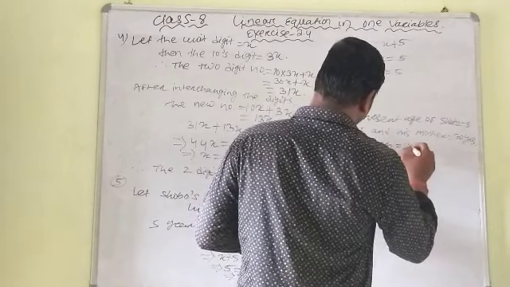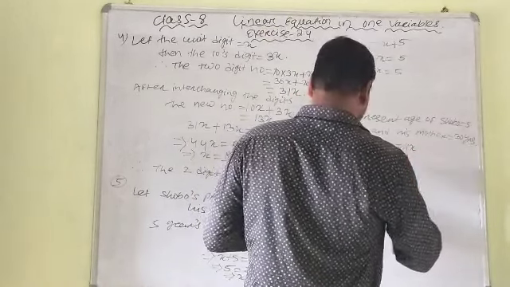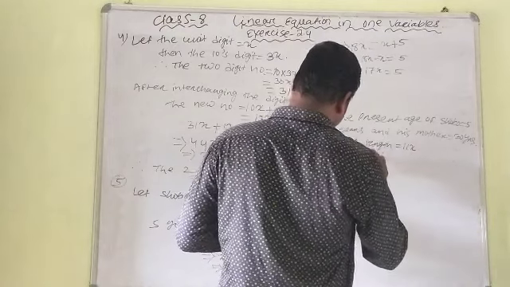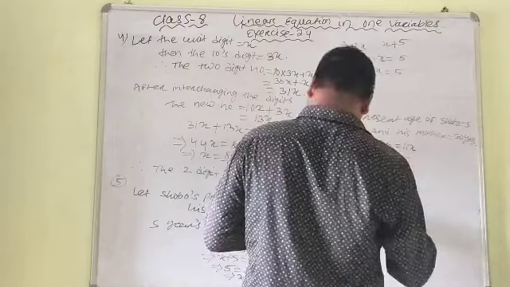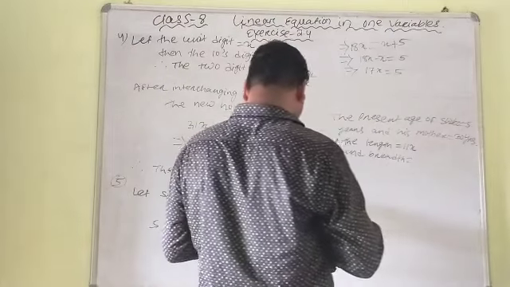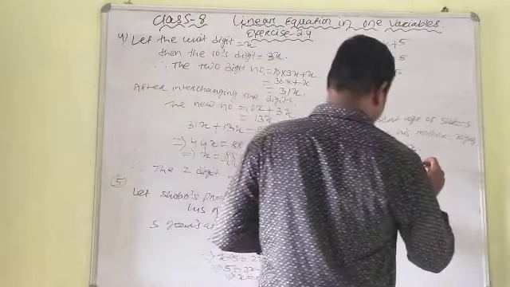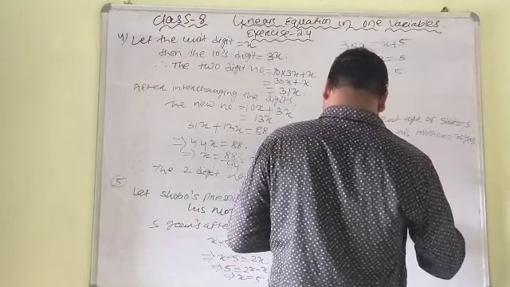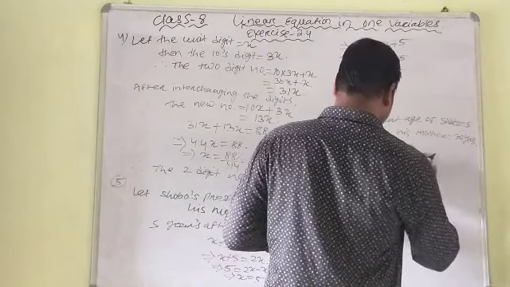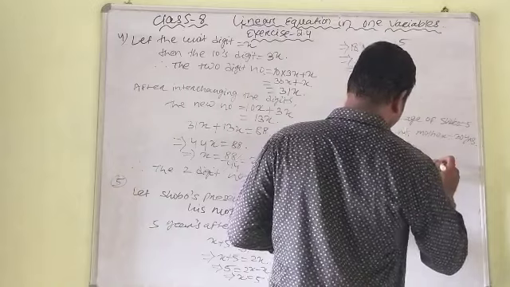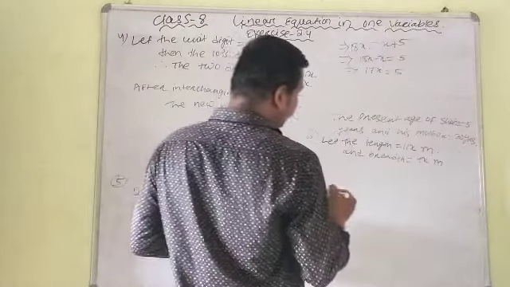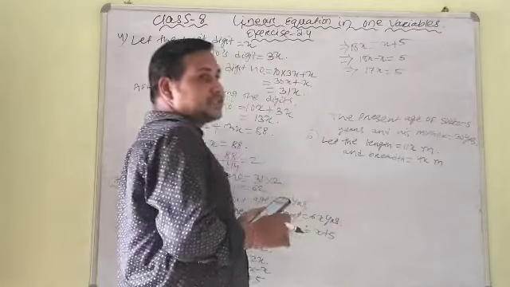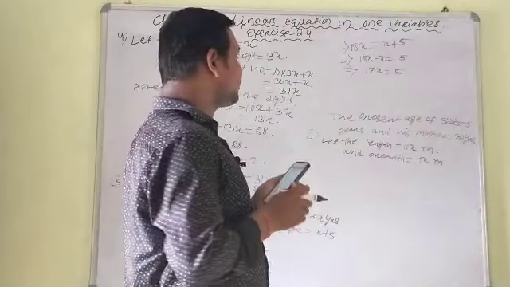Write down, let the length equal to 11x and breadth is equal to 4x meter. Okay, then it's given to fence around the rectangular plot.